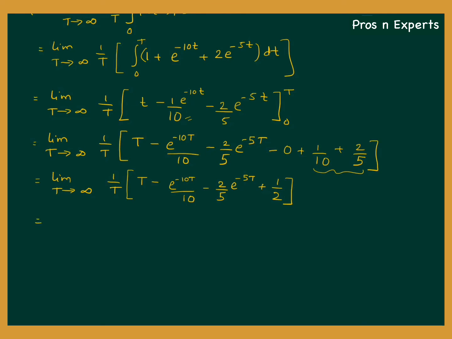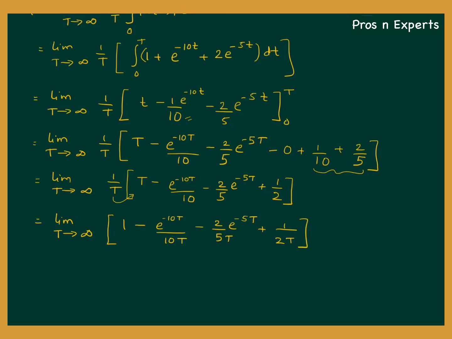So that becomes limit T tending to infinity. I can take this 1 by T into the bracket. So it becomes 1 minus e raised to minus 10T by 10T minus 2 by 5T e raised to minus 5T plus 1 by 2T.